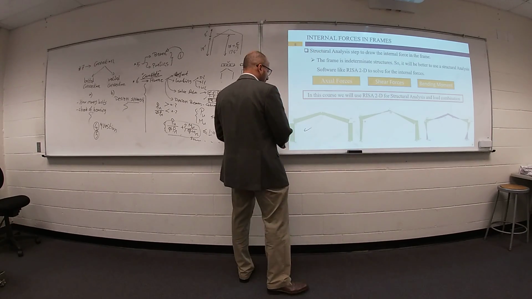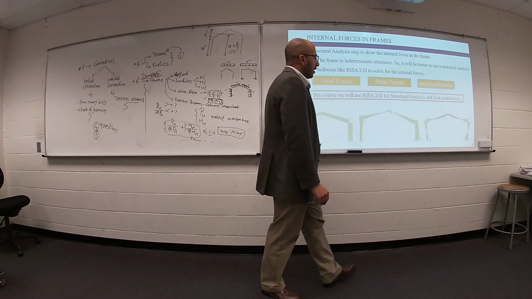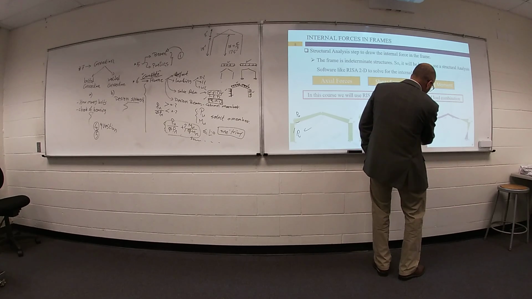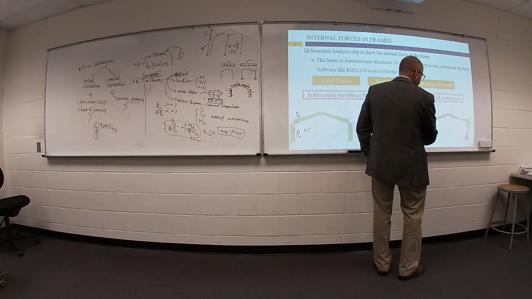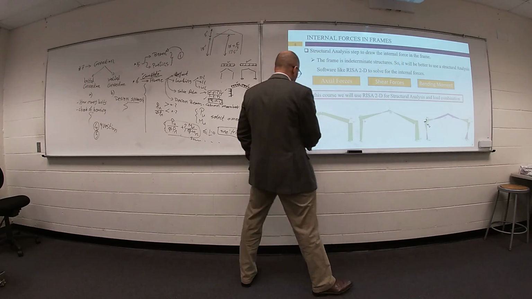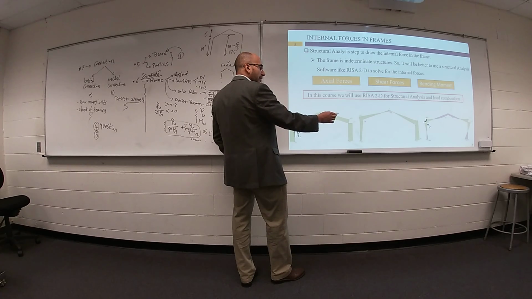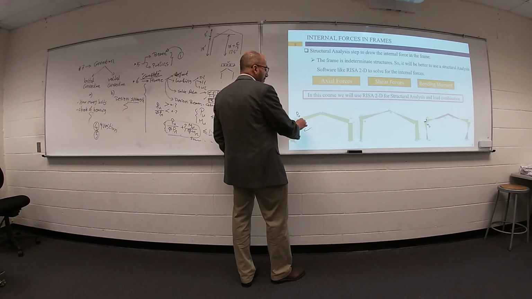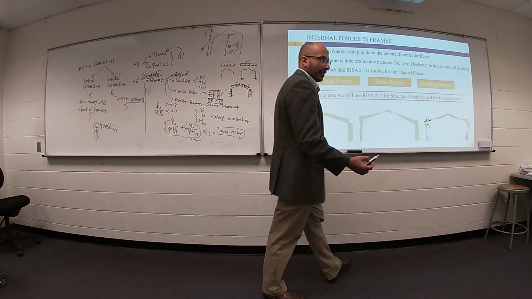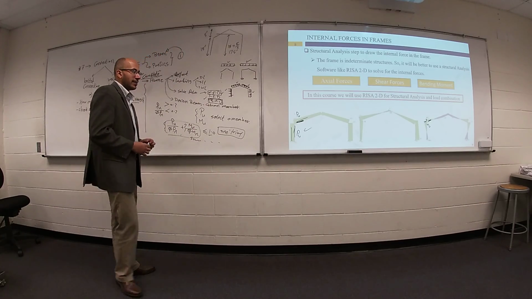Your P ultimate here and P ultimate here are very close to each other. Your maximum moment here is 41.88 M ultimate. Your moment here is 88. So this member has internal forces P ultimate and M ultimate very close to this member. That makes sense. So your cross section here will be the same as here, just because the internal forces are the same.